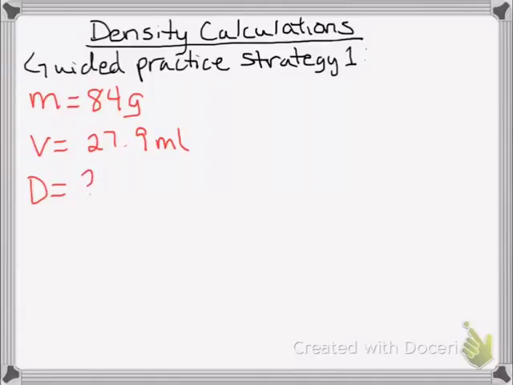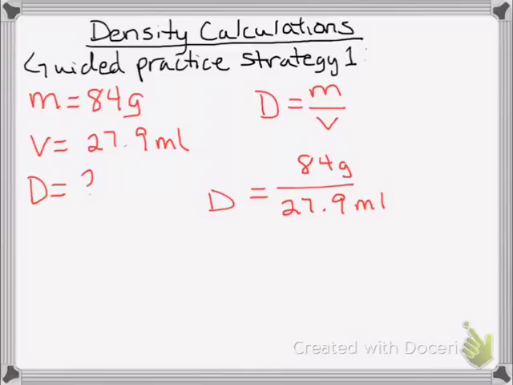So we have to use our density formula, which is D equals M over V. And now we can simply plug in the numbers that we have. So my mass was 84 grams divided by my volume, which was 27.9 milliliters.